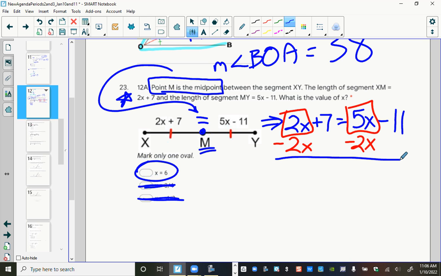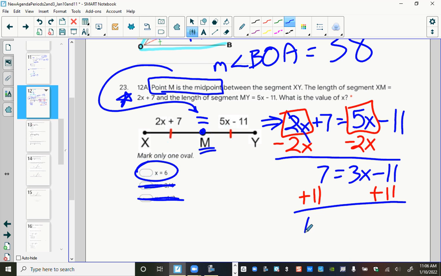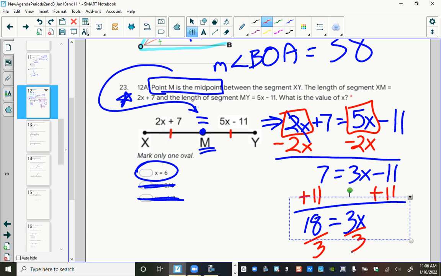Then move the constant that is with the x, but remember, you have to do opposite signs. Last but not least, divide both sides by 3. And boom, there you go.